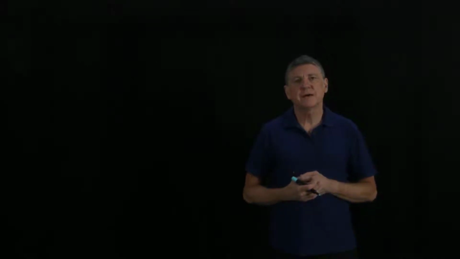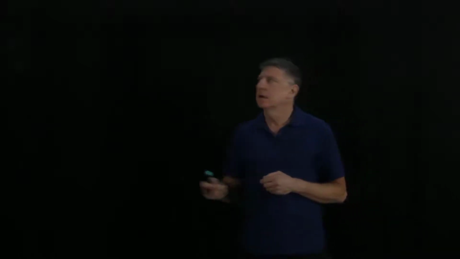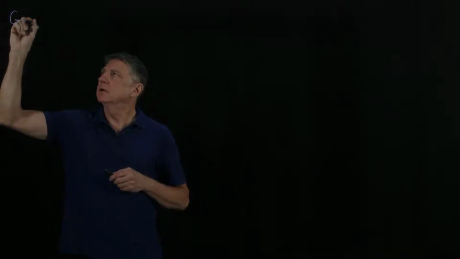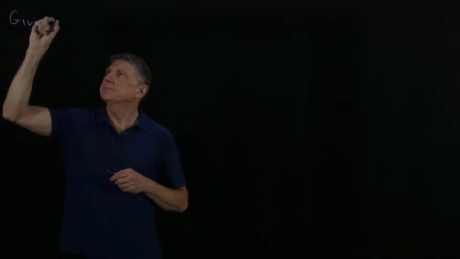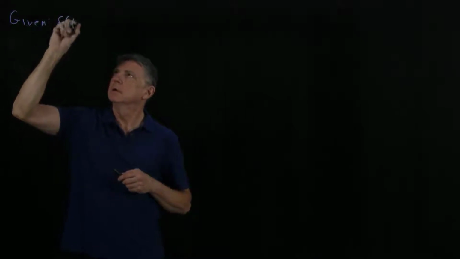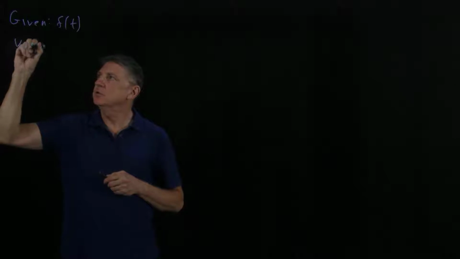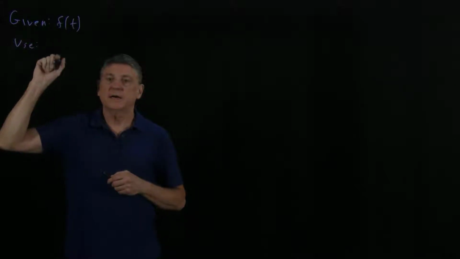Welcome. In this session, we'll go through some of the mathematical details of using a local quadratic approximation. To reprise, we were given a function that has a scalar argument, and we're going to use a local quadratic approximation.